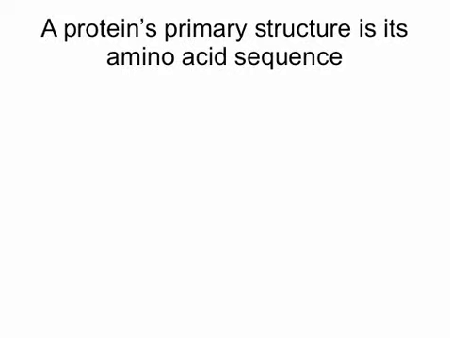Protein's primary structure is simply the sequence of the amino acids that make up that particular protein. So this would be an example right here of protein primary structure. Remember, when you see something like this, when we have a polypeptide chain or a protein chain, one end of that protein is going to have a free alpha amino group, and we call that the N-terminus or amino terminus of the protein.